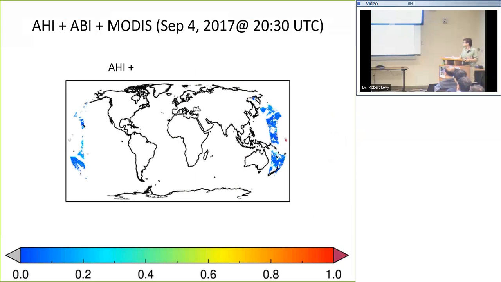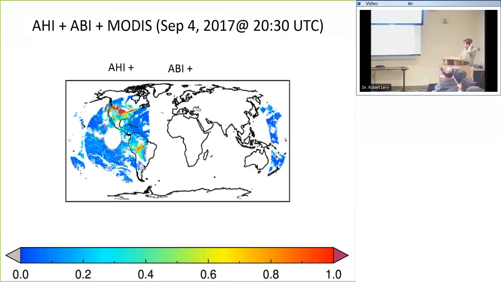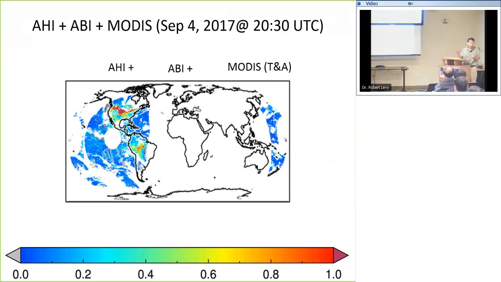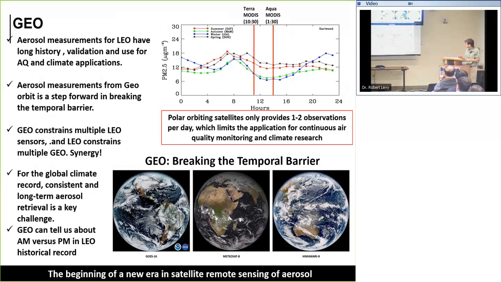Our first attempt at this was not so successful, but this is AHI, this was ABI, and then this is MODIS as well, and a couple of these other ones. Again, we're trying to get at a particular time. So we're just getting started with this geostationary. My group mate likes to call it breaking the temporal barrier.